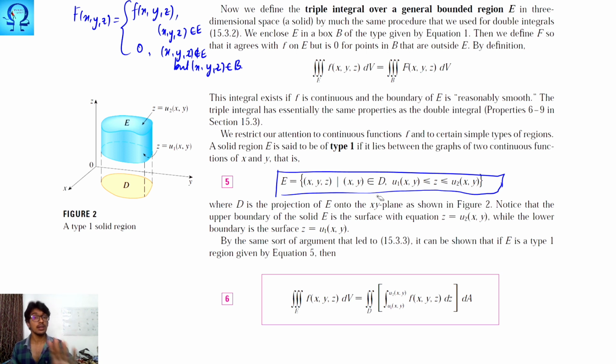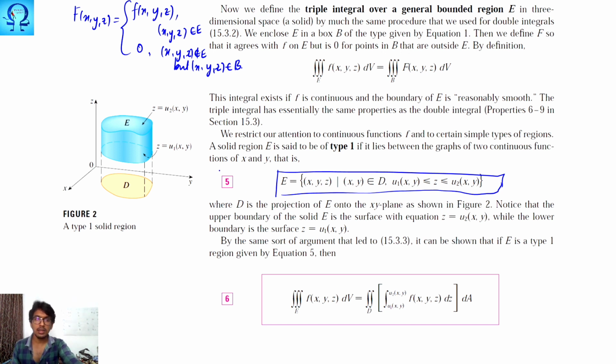And z is going to vary between functions of two variables x and y. Here z is the innermost integral, that is why it is going to contain two variables.